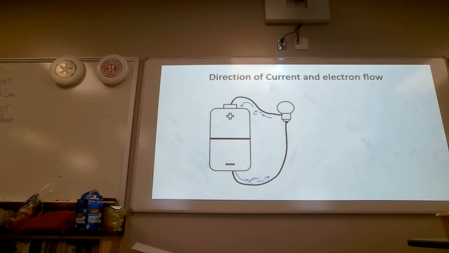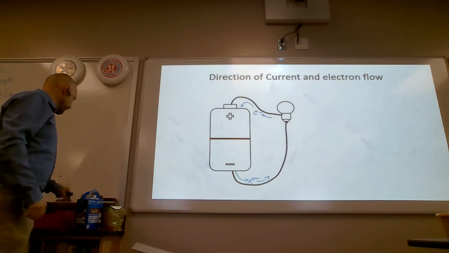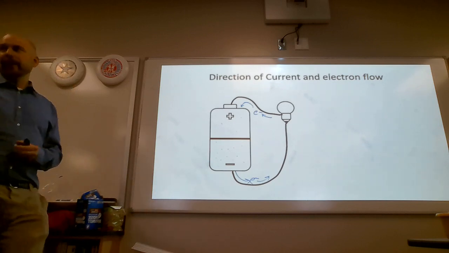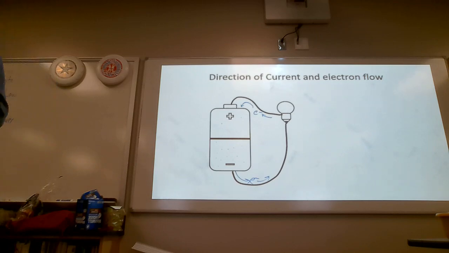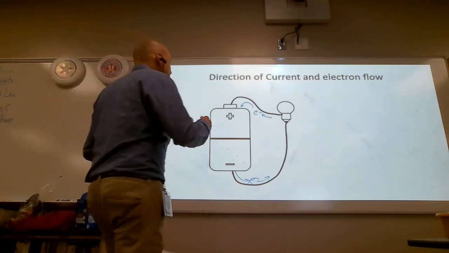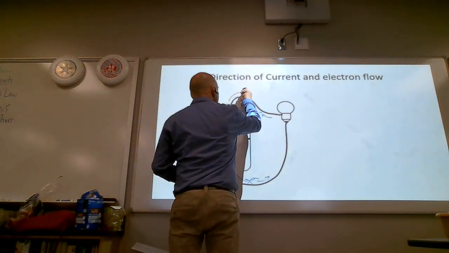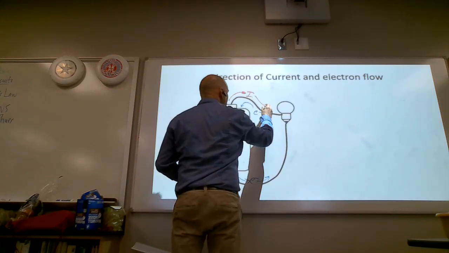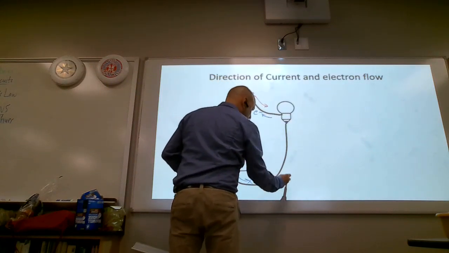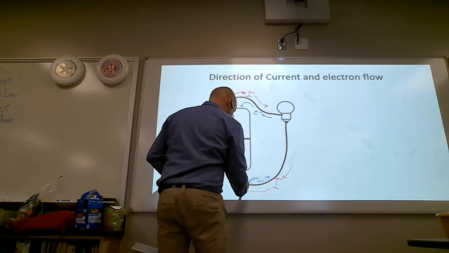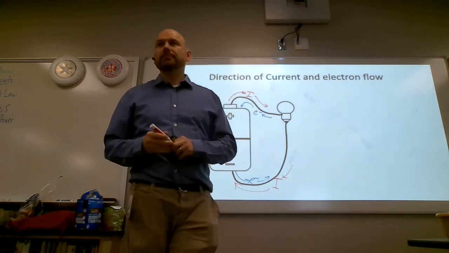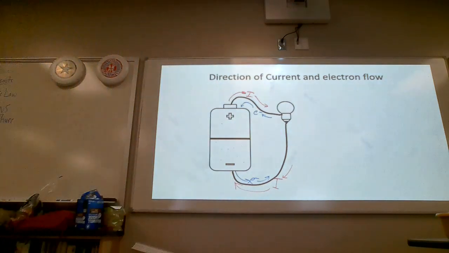However, if you were to talk to any electrician, and ask them, which way does current flow? All of them will tell you out of positive and into negative. The opposite way the electrons are flowing.